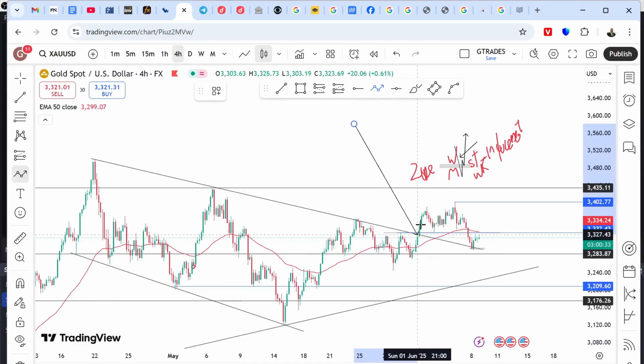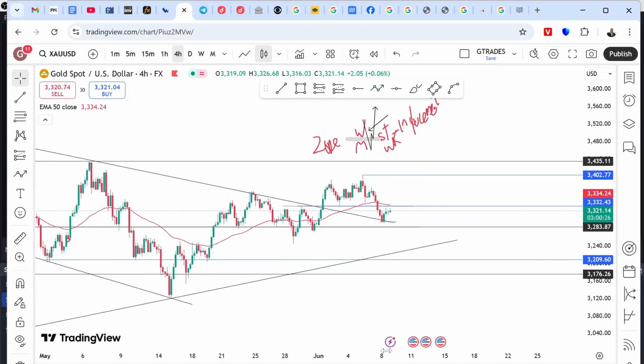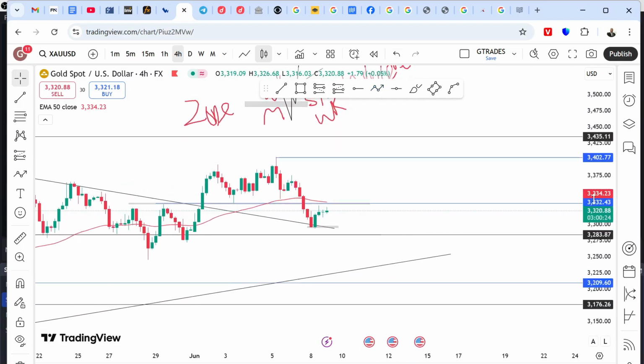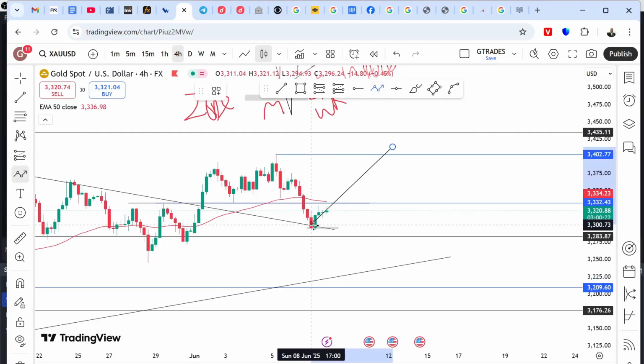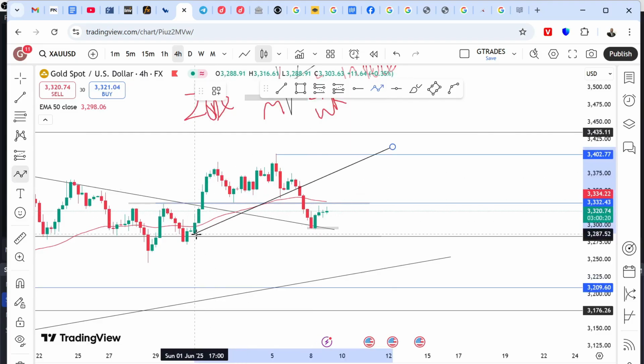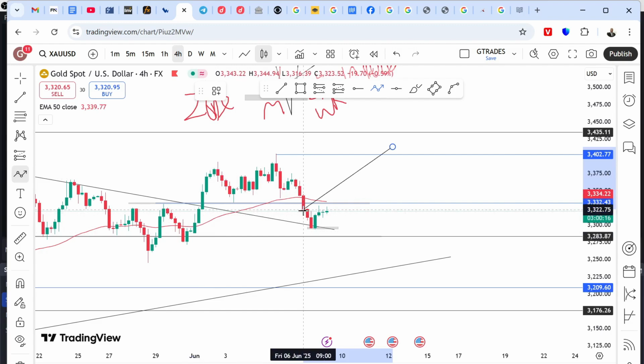Then here price broke out. Ever since price broke out of this resistance, we've never had the retest. And the first time a retest will occur is this level here, this particular time here. So price broke out, let's say this day on the 1st of June, and price came back to retest it on the 8th of June. Did you see that? So here is a stronger zone.